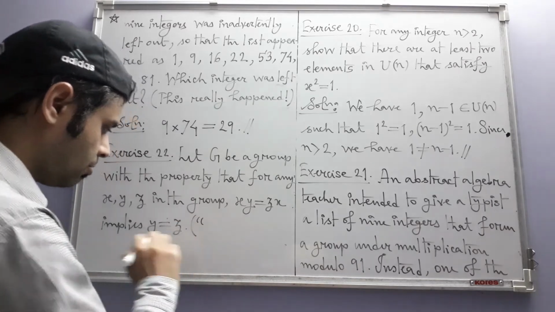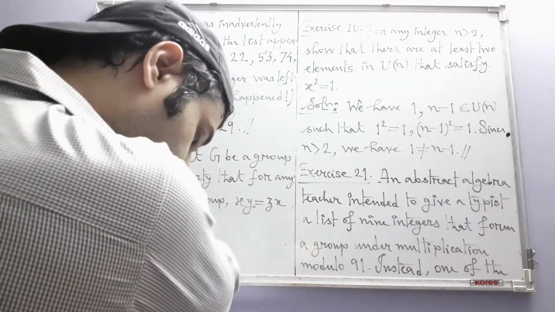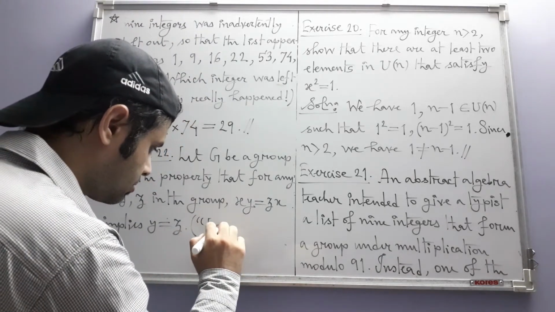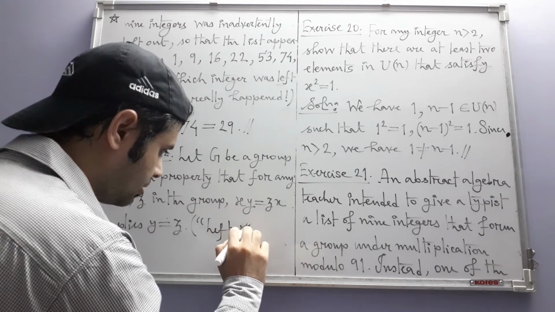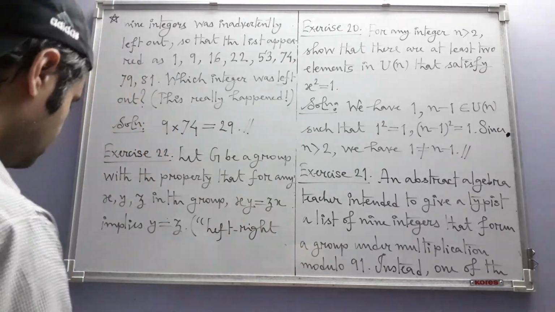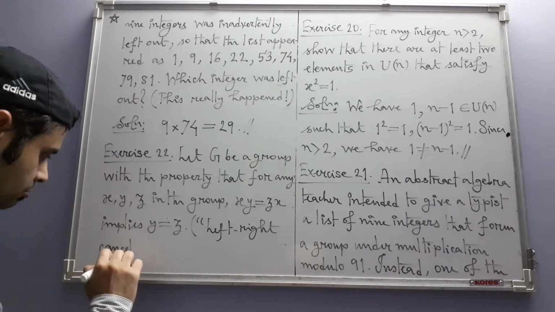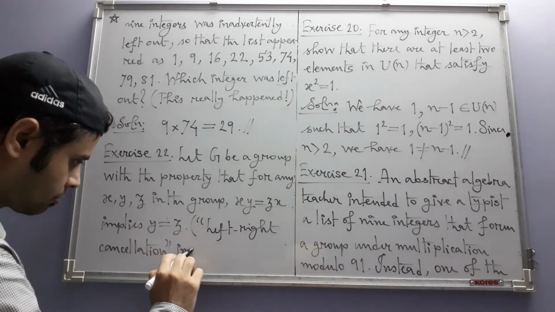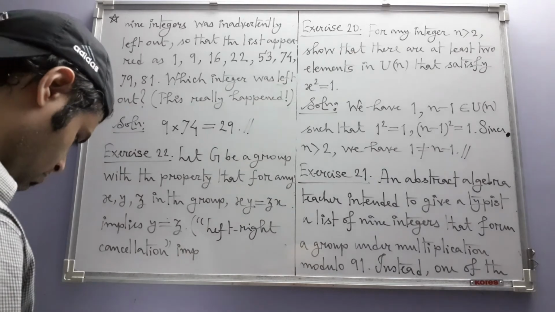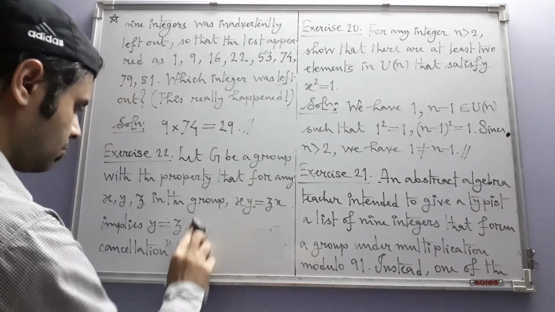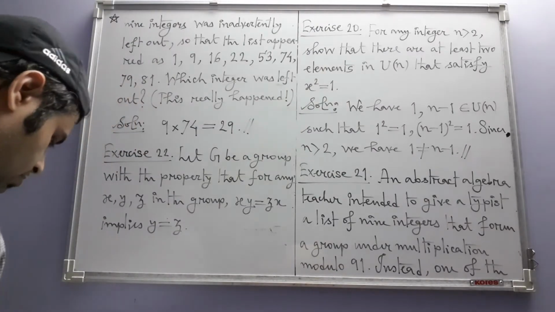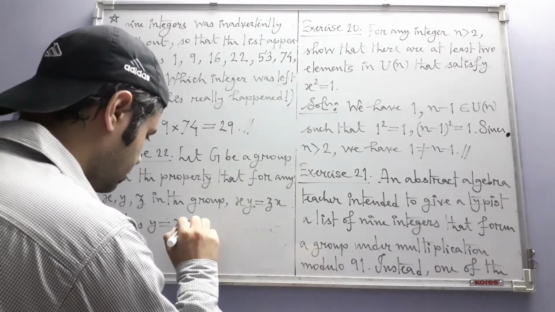So this whole implication can be said or expressed in words like this: left-right cancellation. Oh, I forgot to state what we are supposed to show. Prove that G is abelian.